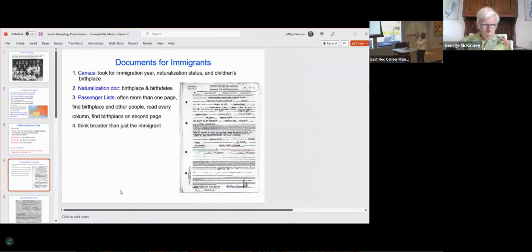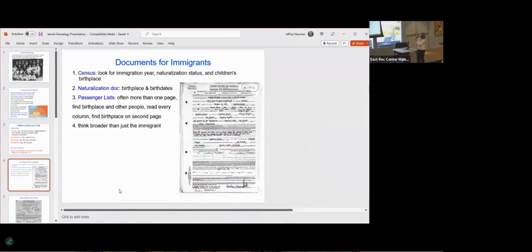Children's birthplace, which, if you're looking for the town that your people came from, you might get more information there. And by the way, you can also go to census.gov directly for free, instead of going through a web-based program.